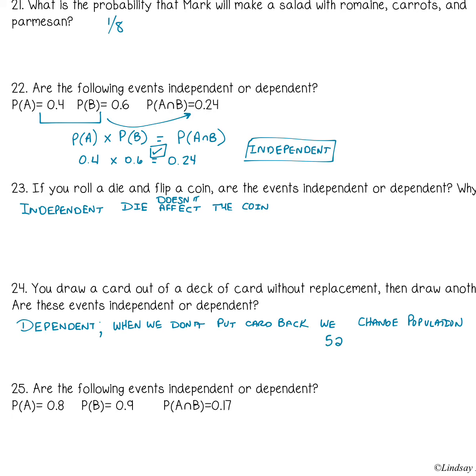Okay? So when we don't put it back, we went from 52 to 51. So we've got to be careful. When we don't put something back, that is dependent. It is changing the outcome of the next one.